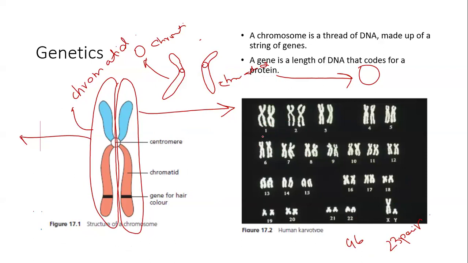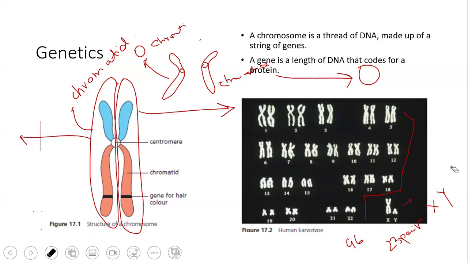When we talk about chromosomes, chromosomes are found in pairs. By the way, just so you know, chromosomes are always found in pairs, and we will talk about later on why that is. Our chromosomes can be divided into two categories. We have the sex chromosomes or gender chromosomes, X and Y, which decide the gender of the offspring.